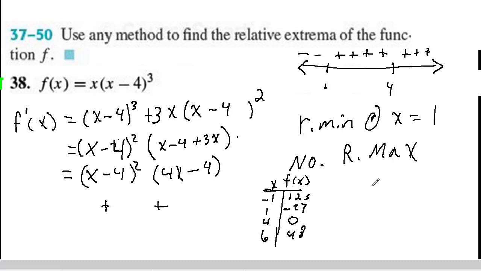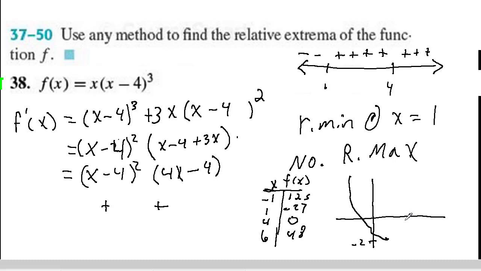So what this tells me about my graph, we can put this together, that the graph is going to be decreasing until we get to an x value of 1. And at an x value of 1, we get -27. And to the left of that, it was decreasing. So we'll not worry about the concavity right now. We'll just draw it like that. And then at 4, we get to 0.